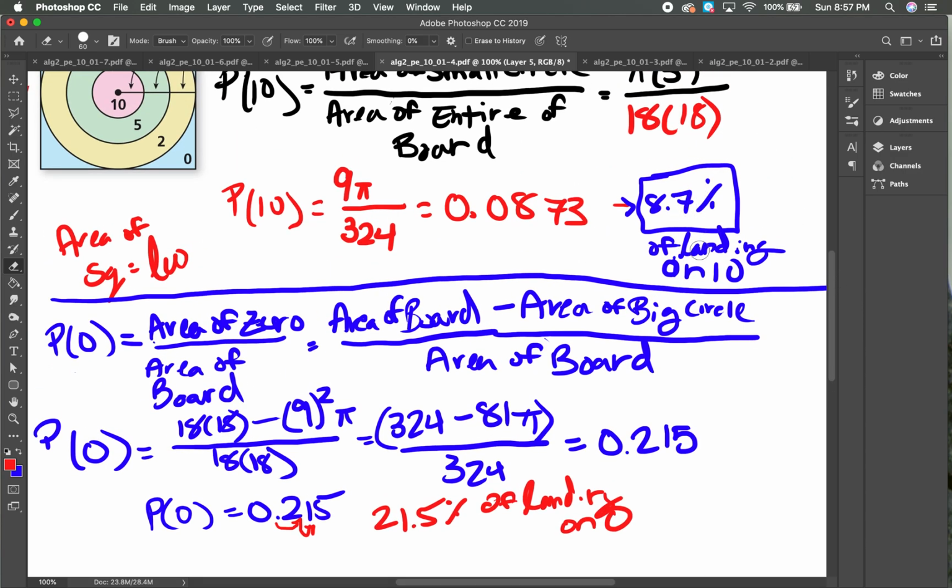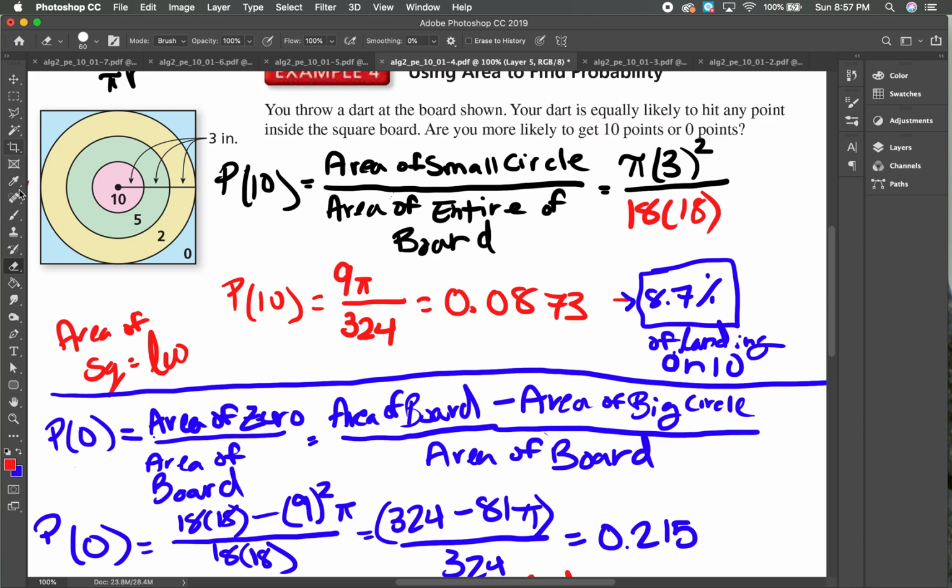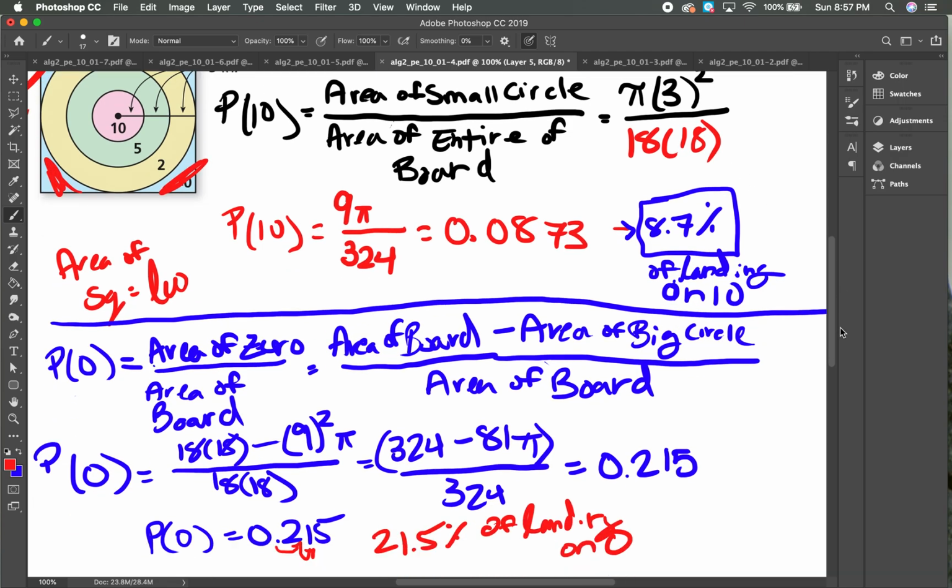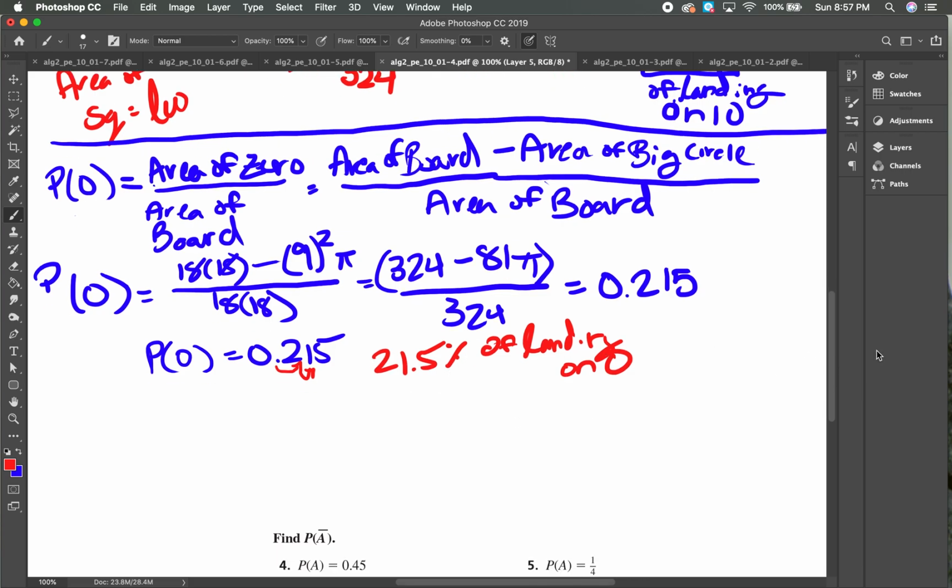This only has an 8.7% chance of landing there. But the outside, this side, this stuff, and this stuff is 21.5%.